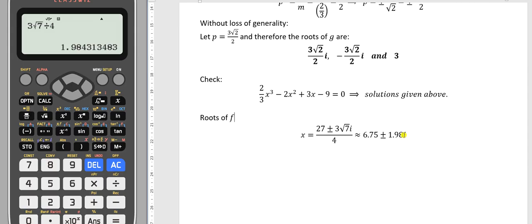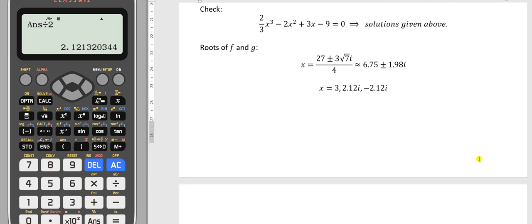Roots of f, g. So I've got 3, and just to remind myself, the other number 3 root 2 over 2 looks like 2.12. So I'm going to plot these 5 points on an Argand diagram.